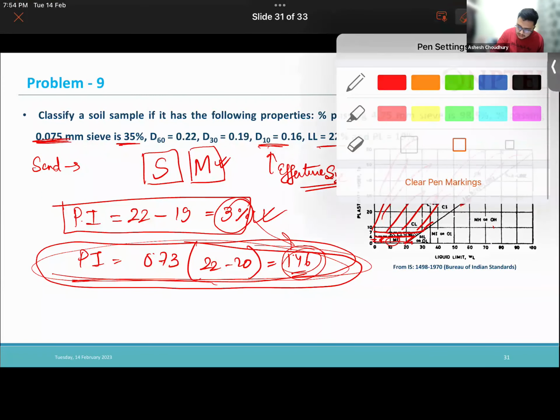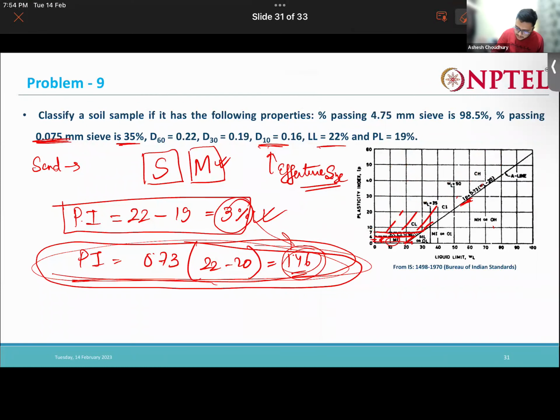Let me repeat this once. If you look at the A line, the equation of the A line is this one. So what you may do is, you got this question. Fine, you determined sand first.